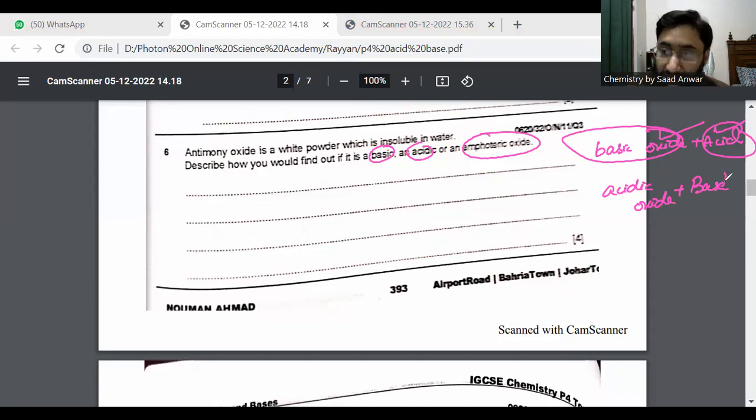If a substance can react with a base or alkali, it means that substance is an acidic oxide. And if a substance when reacting with acid behaves like a base, and when reacting with a base behaves like an acid, it means that substance is amphoteric.